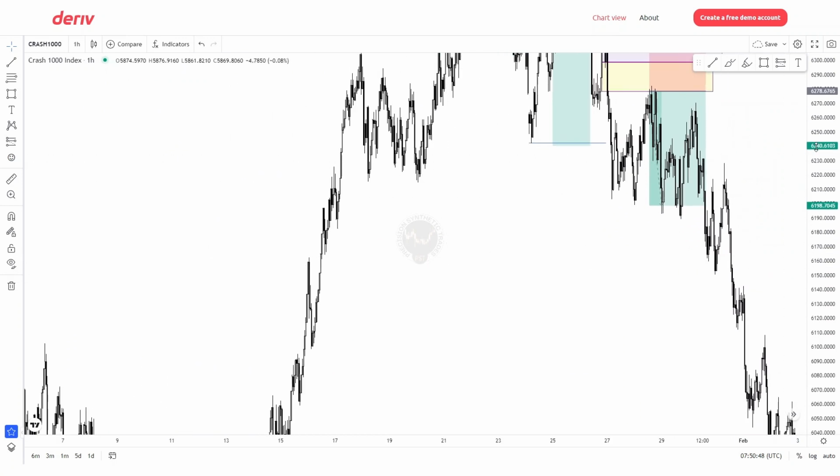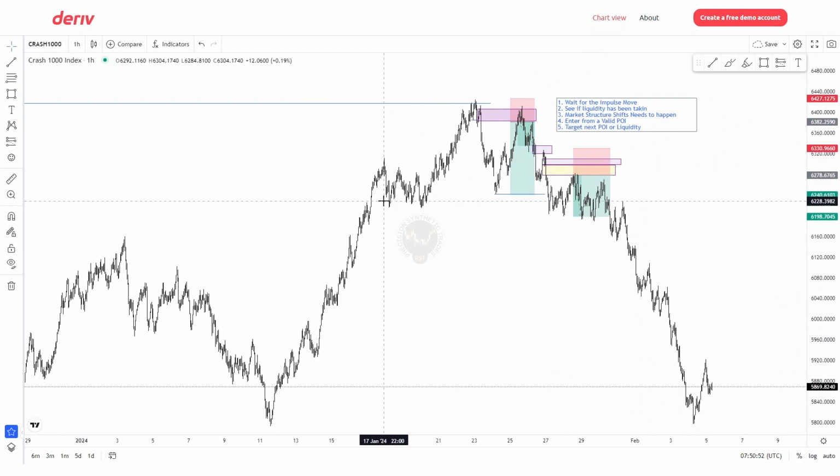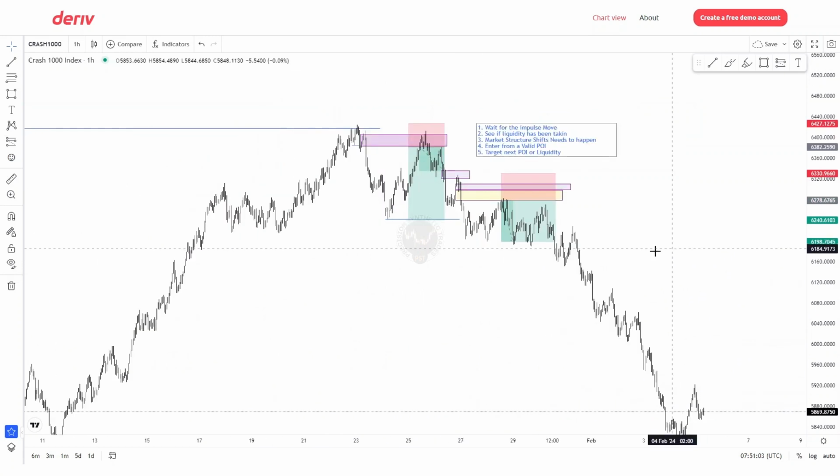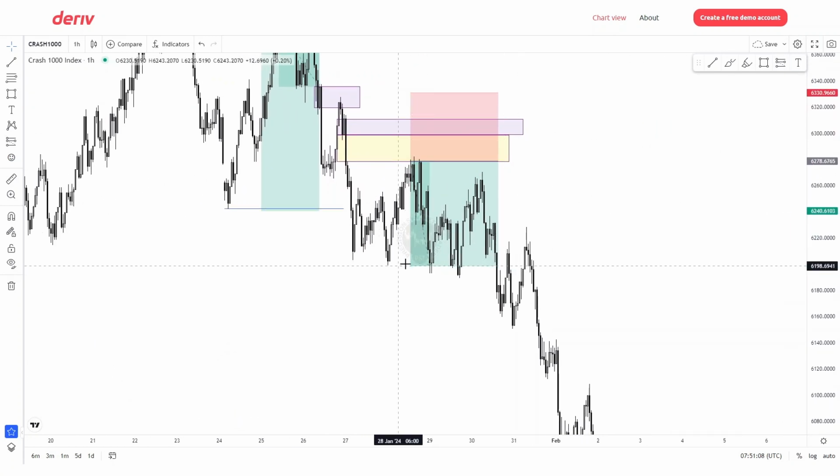Or if you look down, because we're in a down move, where must price come? There's a bunch of areas you can use as your targets. These lows you can use as targets as well, because that liquidity needs to be taken out. Let's say you just use the closest POI, that would be this liquidity here.